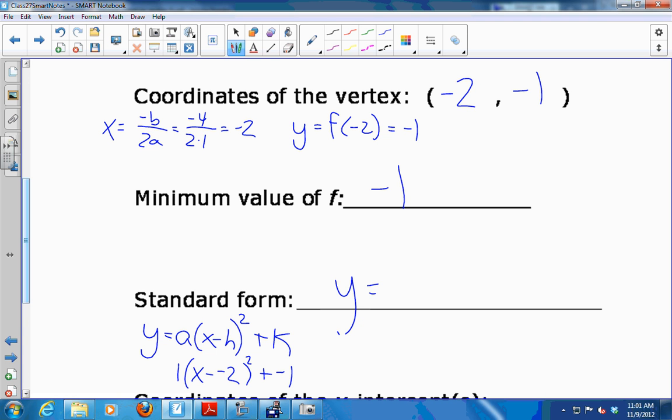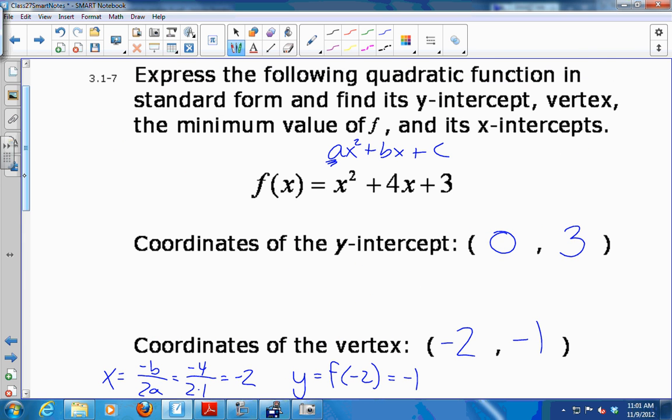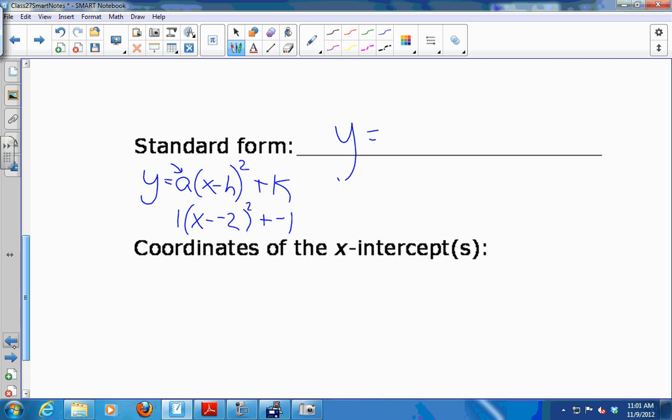I got 1 for a because there's an a in this form, the standard or vertex form, and there's an a in the general form, ax squared plus bx plus c, and they are the same number. They're always the same. So the a here was a 1, so it's a 1 in the other form too. So I have x minus -2, that becomes x plus 2. And then plus -1 is -1.